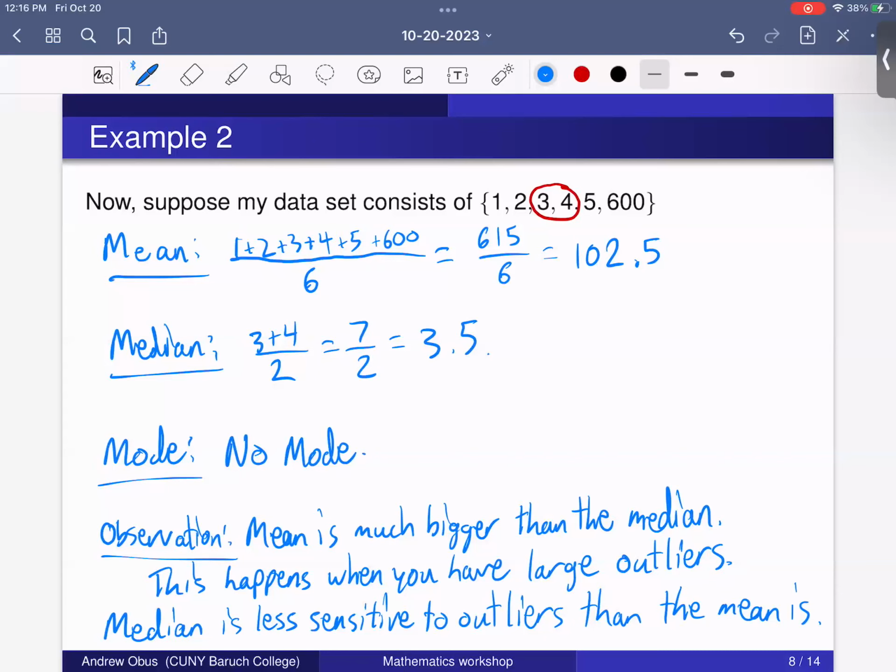All right, other questions? Yes, James? Yes, in case you have more than three numbers at the middle. Sorry, I didn't get you so clearly. Hello?